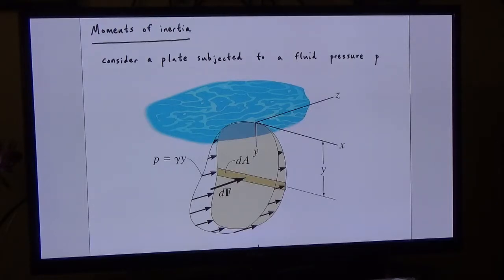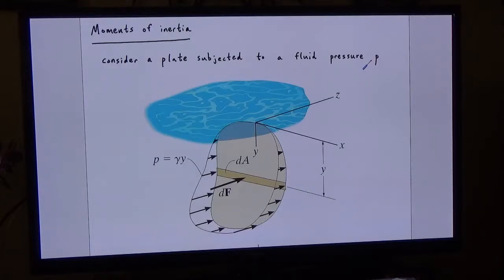But before we get there, let's look at what is moment of inertia and where does it come from. So this is just one example of a problem where moments of inertia would come into play. Let's consider we have this plate or some body submerged in a fluid and subjected to a fluid pressure P. Think about if you stuck your hand in water or if you dove into a swimming pool.